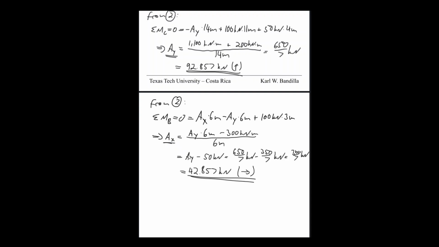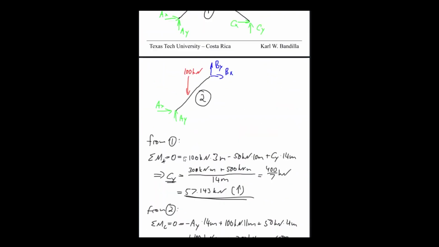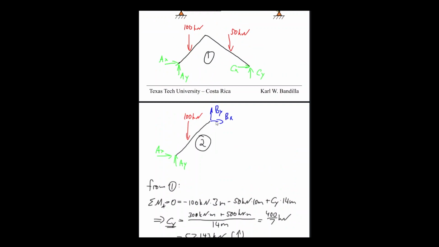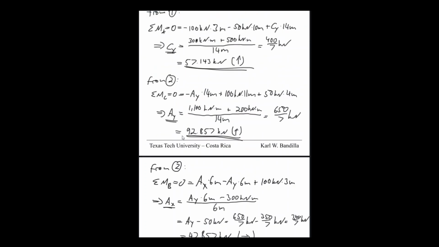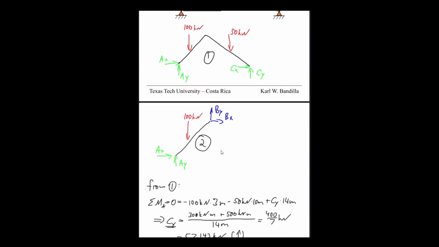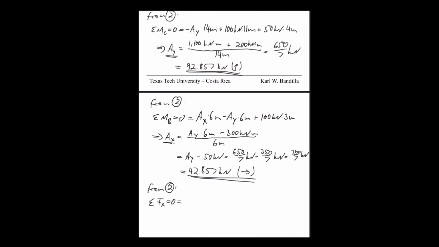That is my Ax. Now if I know what Ax is, I know what Bx is. So I can just do sum of forces in the X direction, again from 2. Sum of forces in the X direction is equal to 0. Ax plus Bx, that's pretty straightforward.